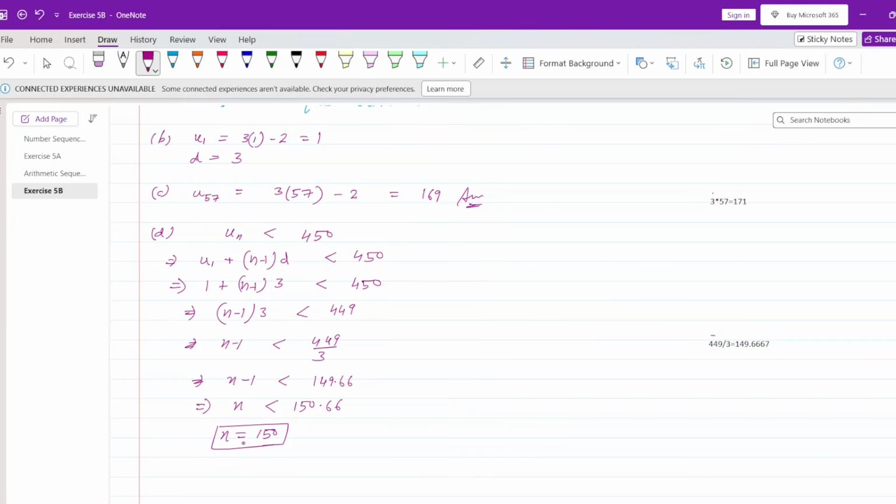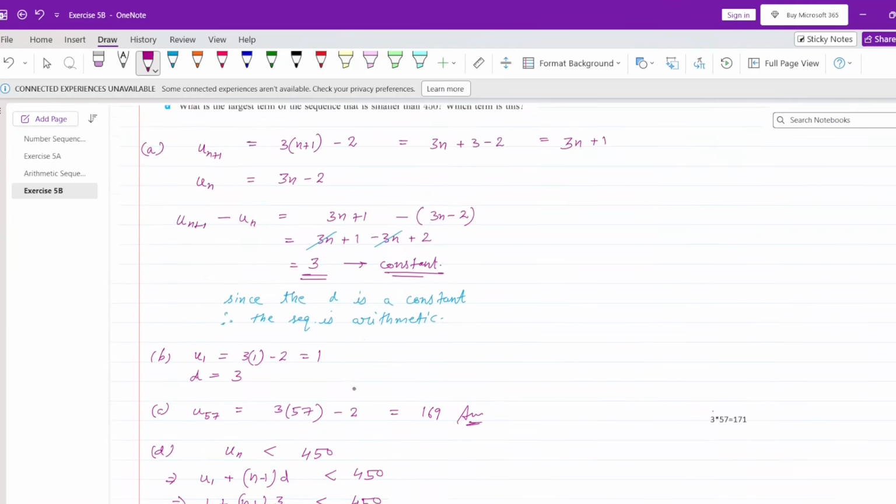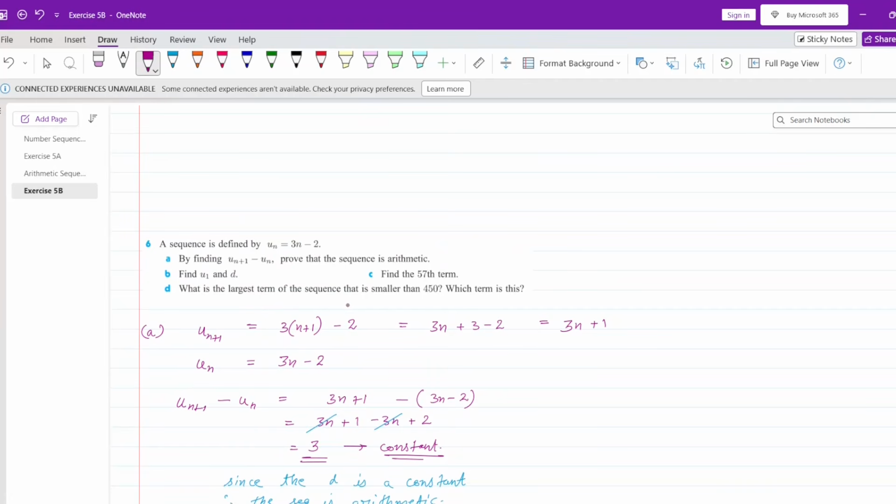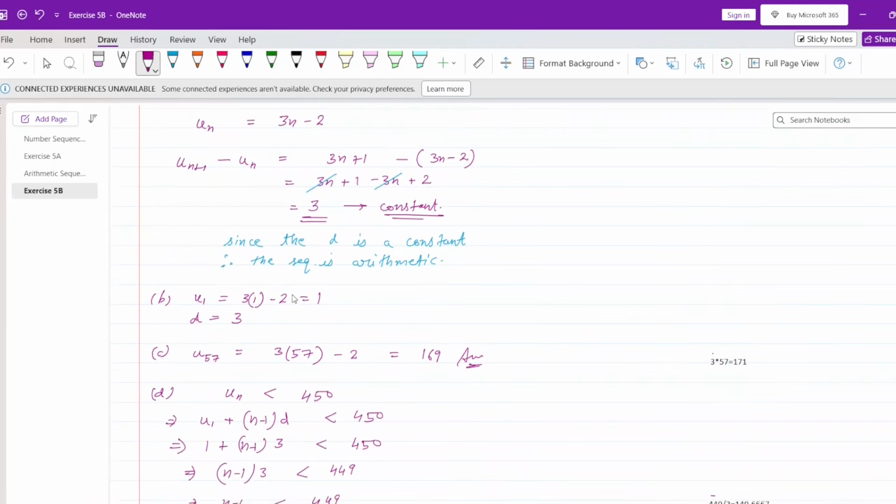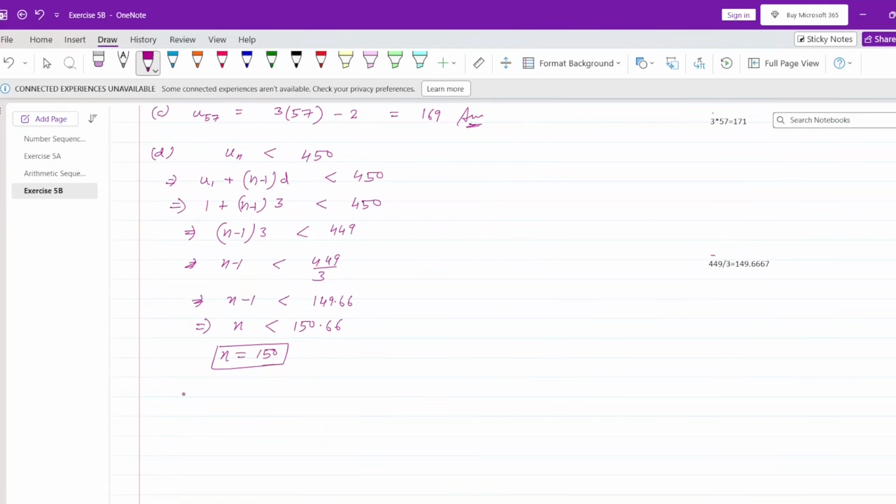Now the term less than 450 is the 150th term. Now it is also asking us the largest term. We have calculated this. Which term is this? This is the 150th term. Now the largest term u150 is going to be 1 plus 150 minus 1 times 3.